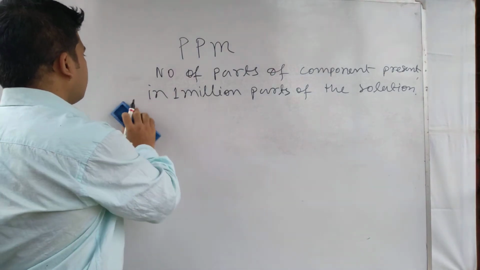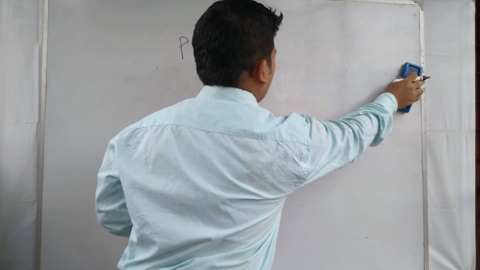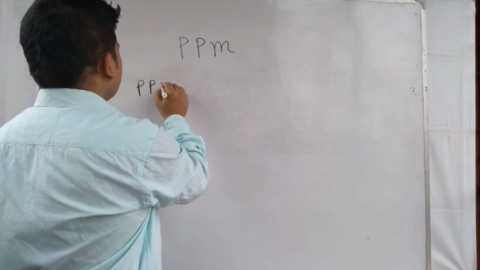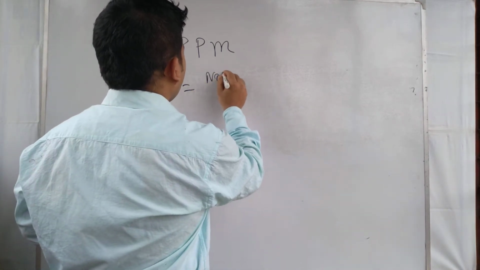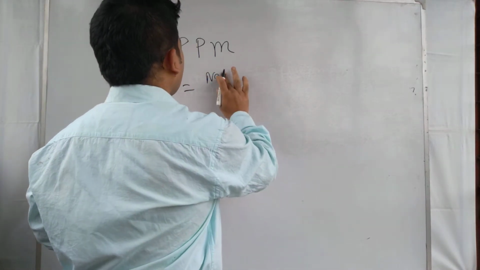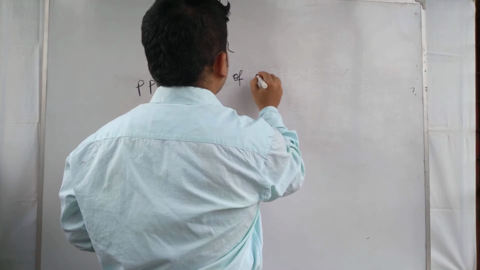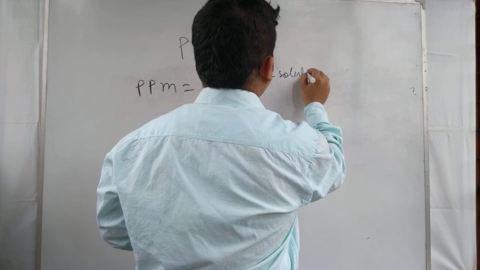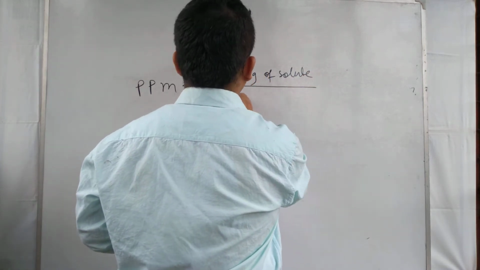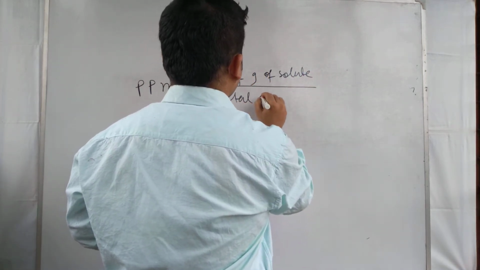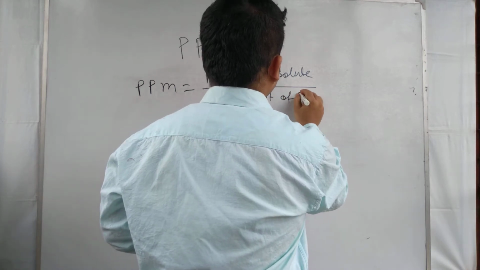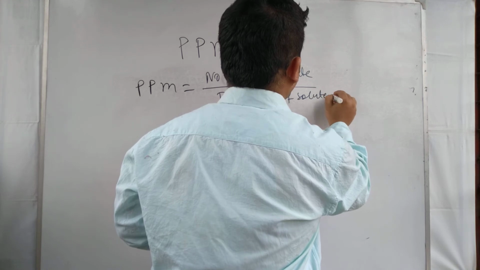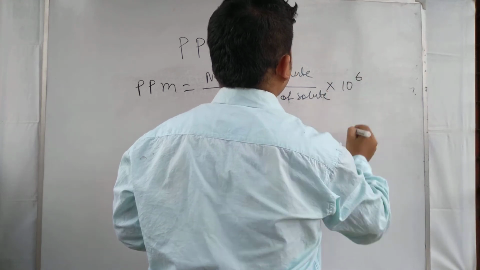And if we write the formula of ppm, it is: ppm equals the number of grams of solute taken divided by the total weight of the solution, multiplied by 10 to the power 6.